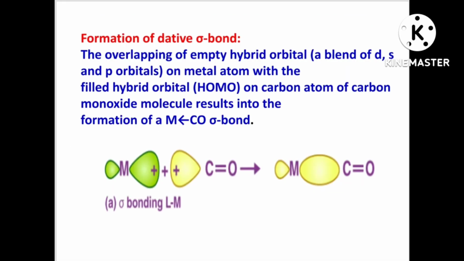Carbon monoxide gives one lone electron pair present in the HOMO orbital, that means the electron pair present in the anti-bonding molecular sigma orbital, to the vacant hybrid orbital of the metal atom and forms a sigma bond.